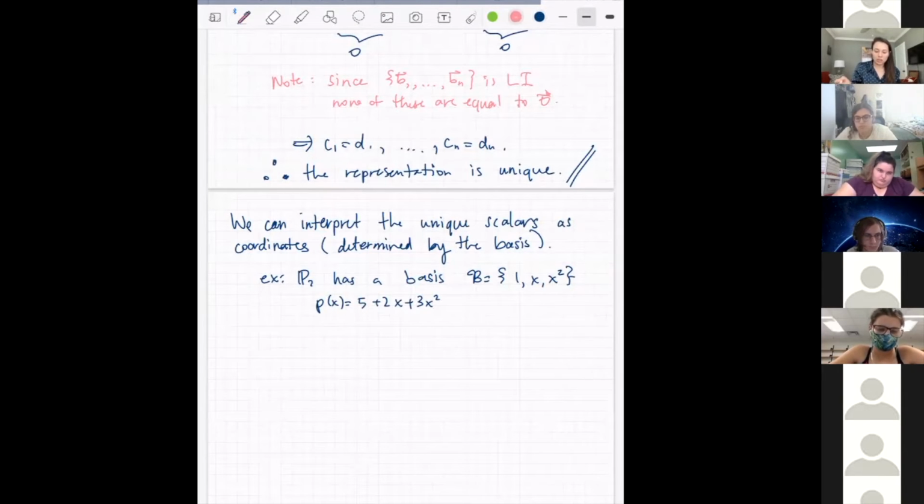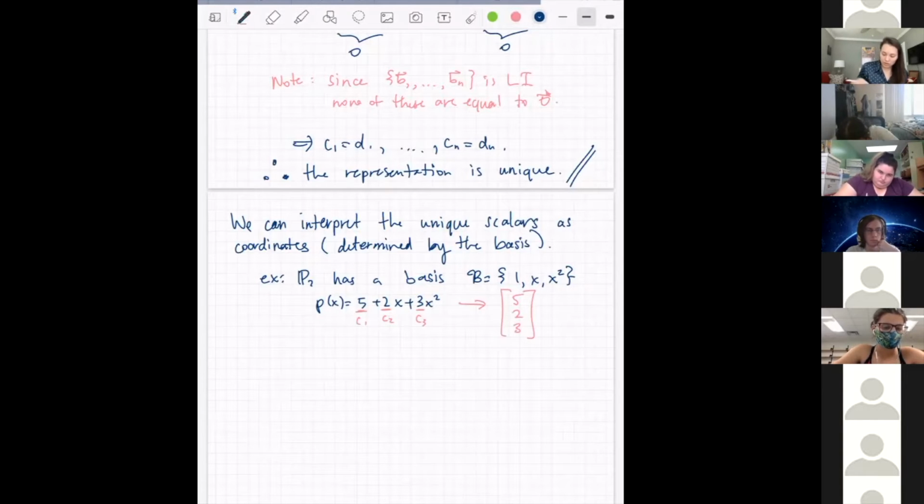So the coordinates or the scalars that describe this polynomial, we would call this one C1, this guy C2, and this one C3. Those are the scalars, and that's a unique representation in terms of the basis. So what we could do is form a vector of those scalars. We would get 5, 2, 3. That's what I mean by interpret them as coordinates. We use those as the coordinates and form a vector out of them.